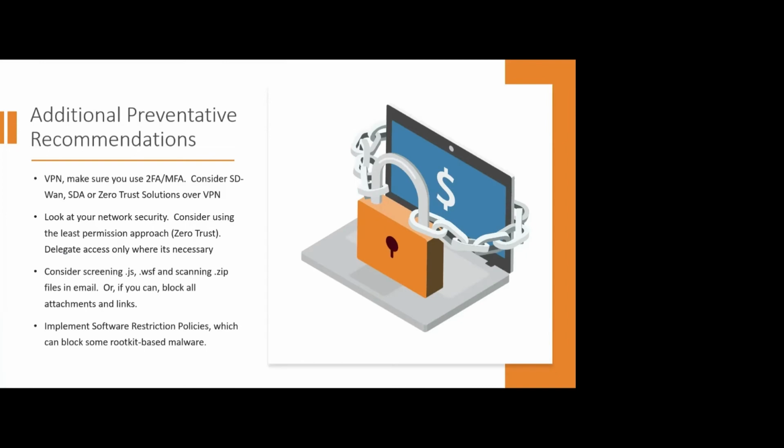I would say 100% of the malware remediation that GSI has been involved with in the last few years has involved a VPN tool where they did not use 2FA. Now, 2FA is not foolproof. They can break through it, but it makes it harder, and it may get the hackers to look at somebody else.